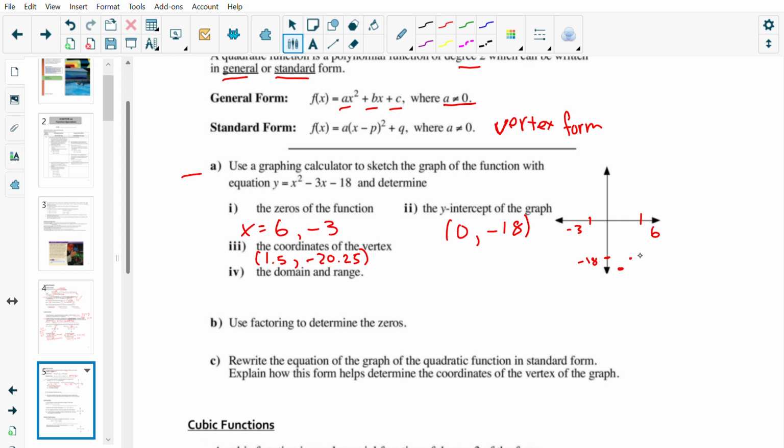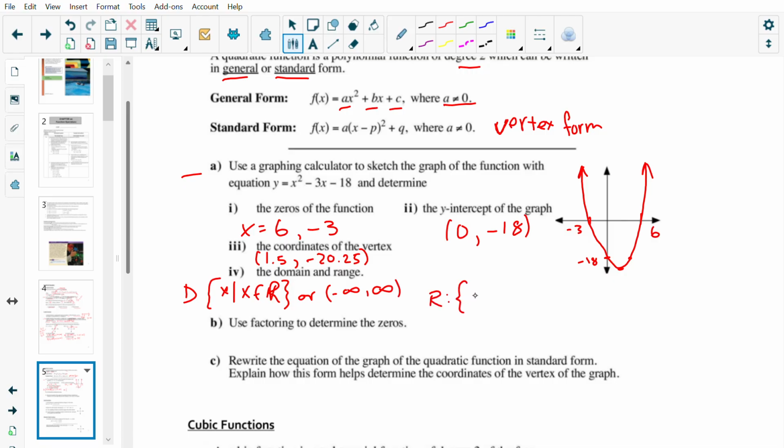Okay, that's my vertex, so it's an upward opening parabola. Okay, the domain and range. So domain is x such that x is an element of all real numbers, or in interval notation, there it is.